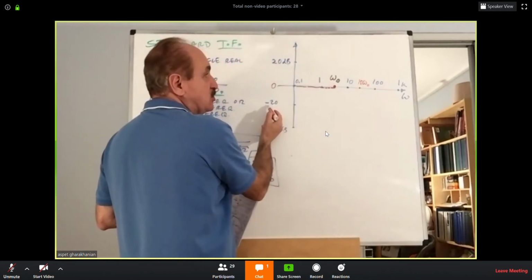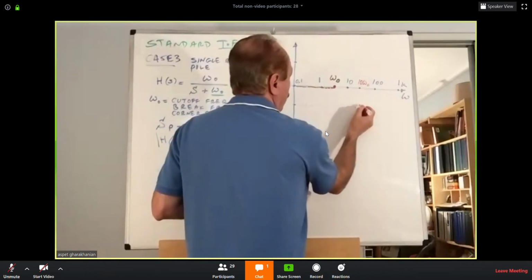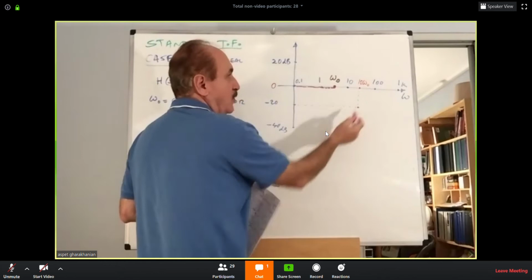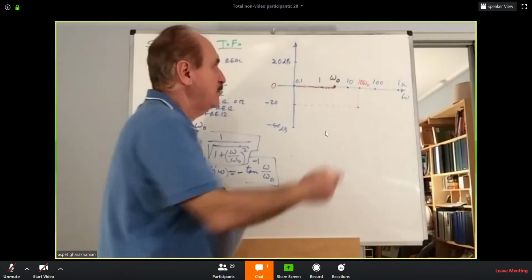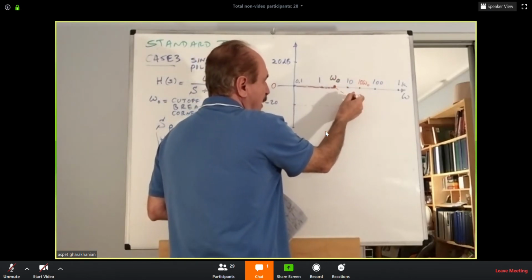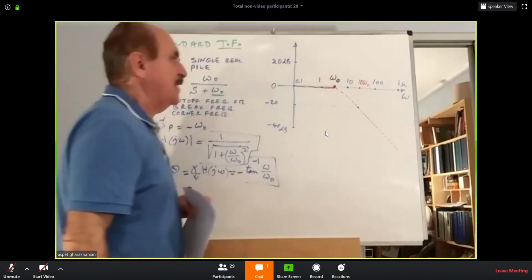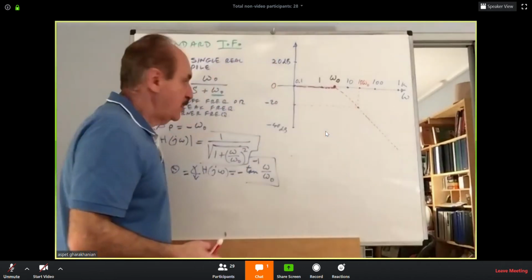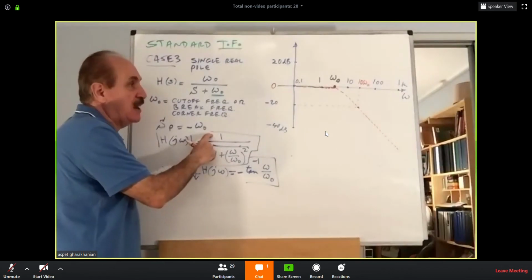If this is minus 20, okay, so 10 times omega O, we found it, minus 20. Now, from this point to that point, draw another broken line. Okay, that's it. These two broken lines are a linear approximation to the function itself.